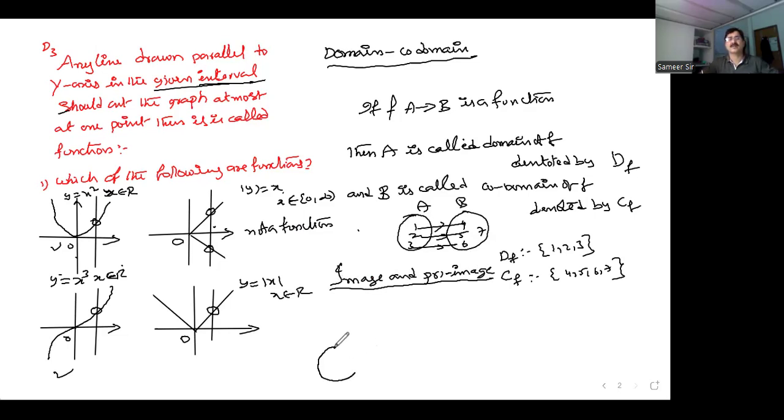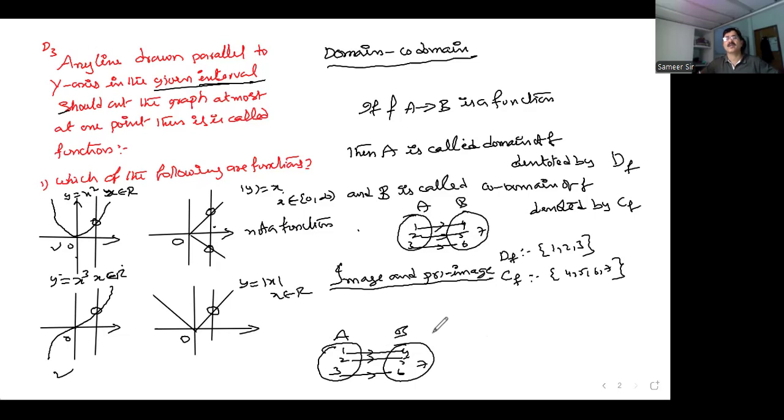Image and pre-image. Here I'm writing a diagram by taking one example. I would like to tell you clearly: 1, 2, 3, 4, 5, 6, and 7 is there. So simply, it is a function, no doubt. So you can say that A to B is a function.